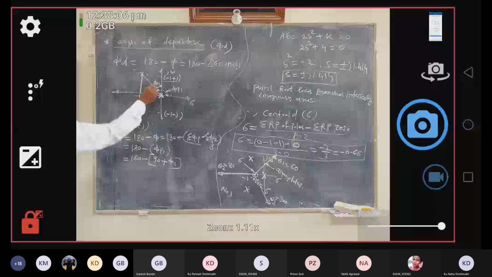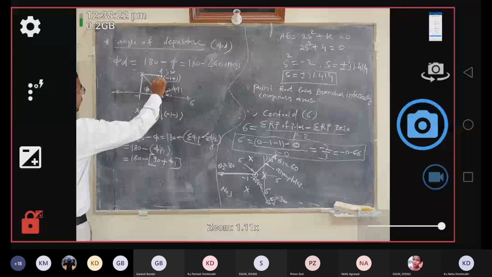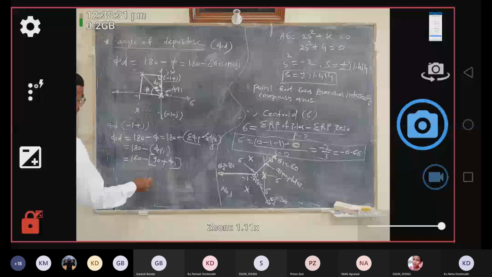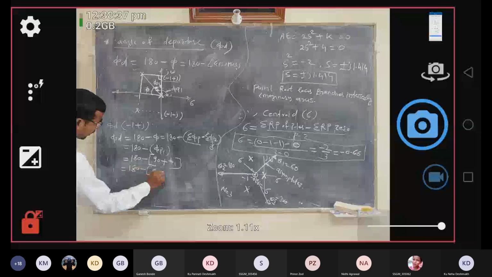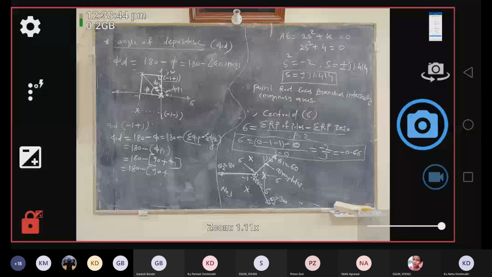Okay, so I will determine this angle phi 1, or you can consider this as 90 degrees. Here you apply the trigonometric formula for phi 1. So we can write 180 minus (90 plus phi 1), which is tan theta.